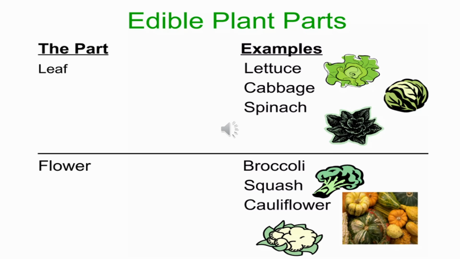Parts like leaves, for example, you can see in spinach, cabbage, and lettuce. How about flowers? Yes, broccoli, squash, and cauliflowers are types of flowers in a plant that we actually consume.